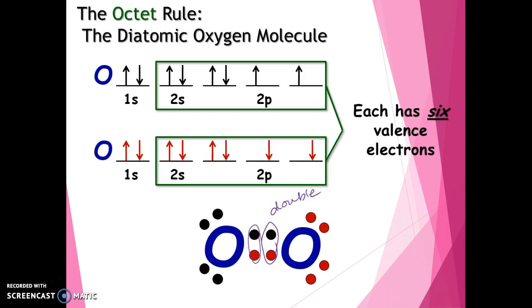And when oxygen forms a diatomic molecule, that's exactly what it does, because each oxygen needs 2 electrons to complete its octet. And now if we count 1, 2, 3, 4, 5, 6, 7, 8, that one has 8. 1, 2, 3, 4, 5, 6, 7, 8, and that one has 8. So we can see that both of them are going to have 8 valence electrons at some point in time.